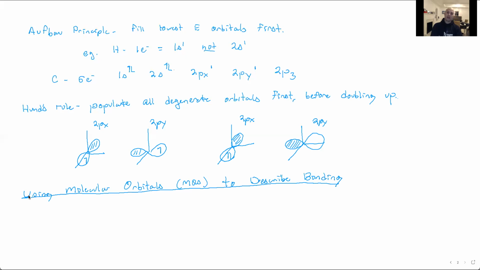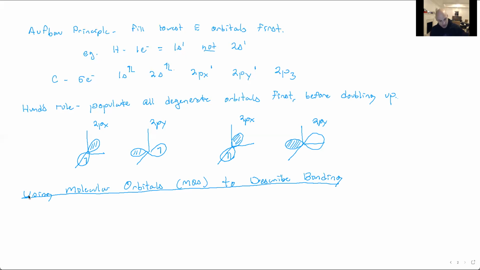Wave functions, like any function in math, can be combined in any which way that you want, right? And so if you add both sides of an equation, that's completely legitimate. And so what we're doing mathematically when we generate these MOs is combining these atomic wave functions.